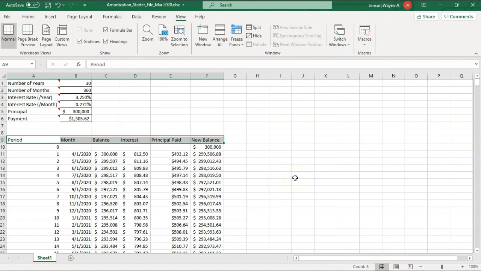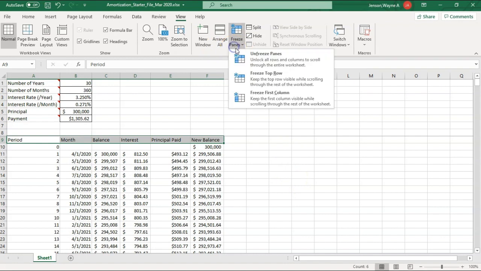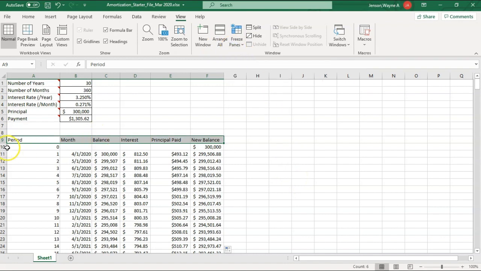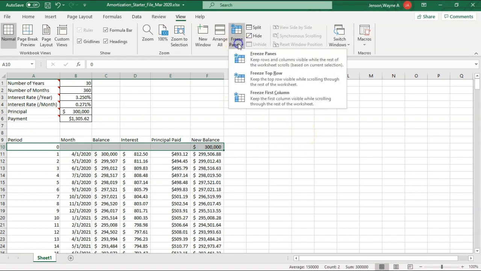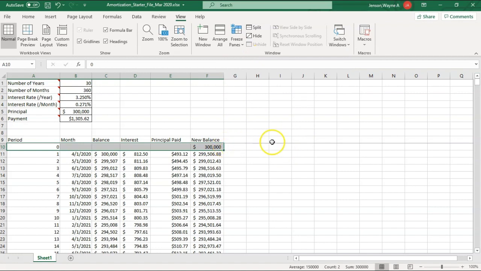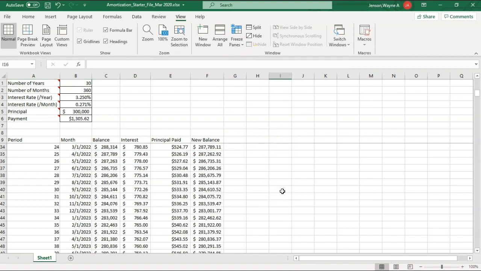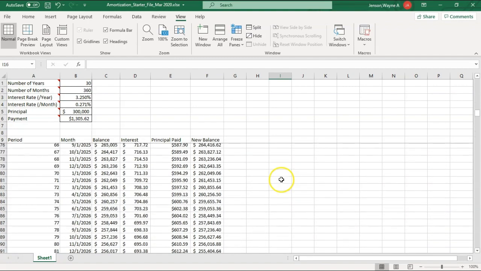And actually, we want to do it, never mind. Let's unfreeze that pane, because you actually want to do it on this row here. You're going to choose the range right below the column headings. So click Freeze Panes, and then you can see that line there. So now when I scroll down, it'll still show the monthly payments, the amount of interest paid, and so forth.